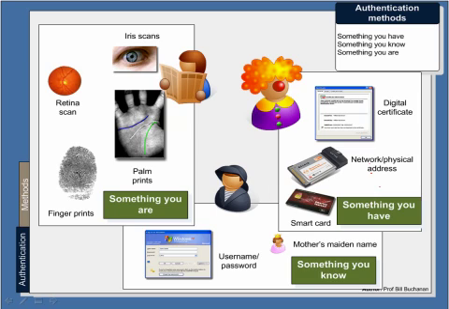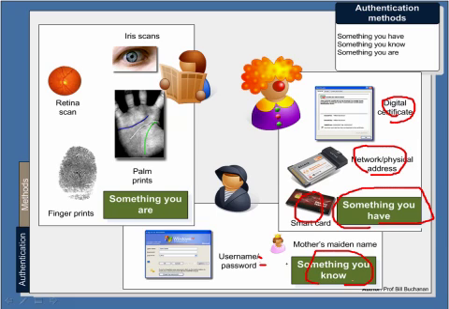And the basic principles that are laid down for authentication are something that you have, and that could be a digital certificate, could be a network address, or it could be a smart card. Something you know, so it could be your username and password, your mother's maiden name, and so on.